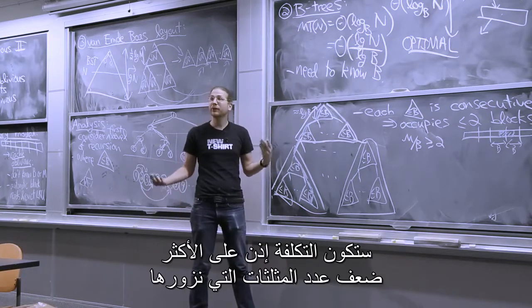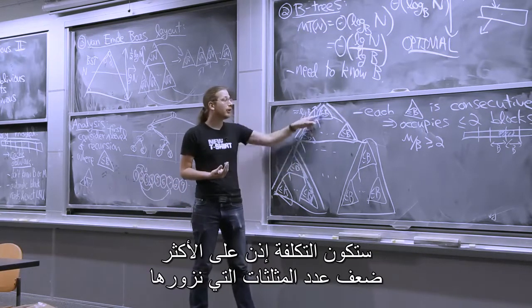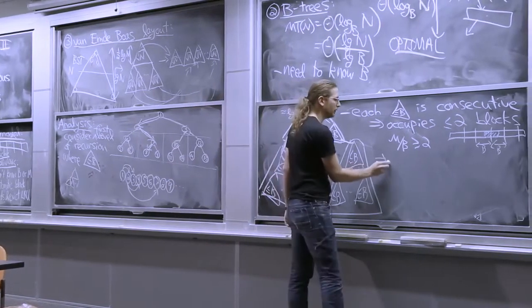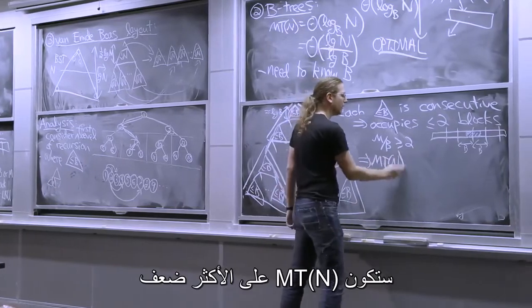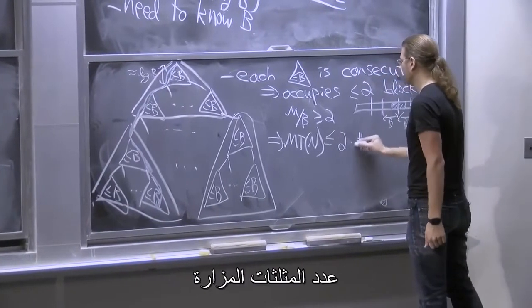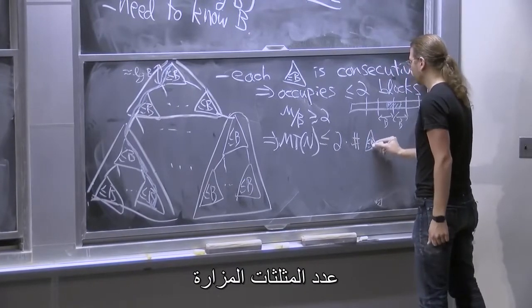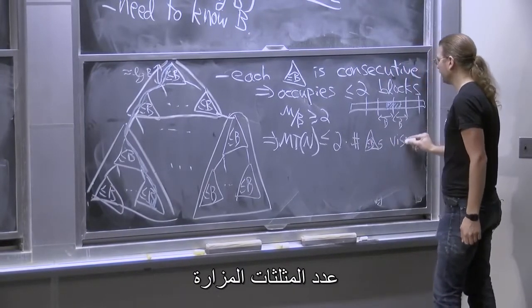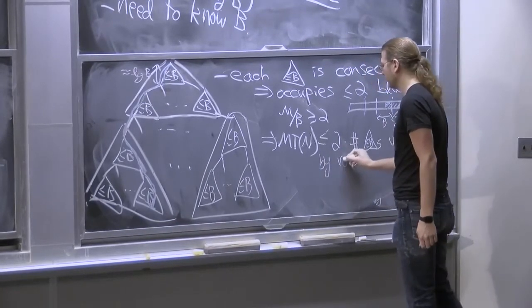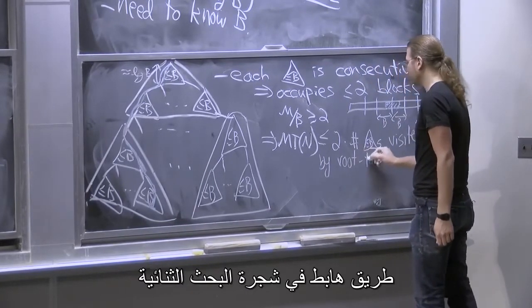So the cost is going to be at most twice the number of triangles that you visit. M_T(n) is at most twice the number of triangles visited by a root to node path, a downward path in the binary search tree.